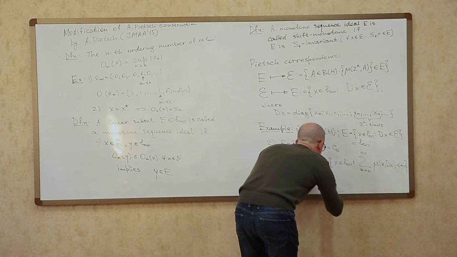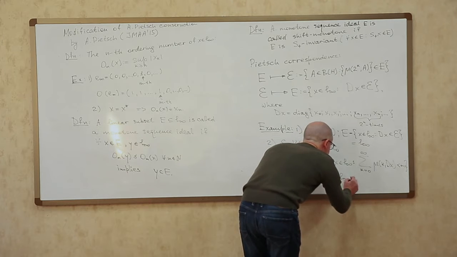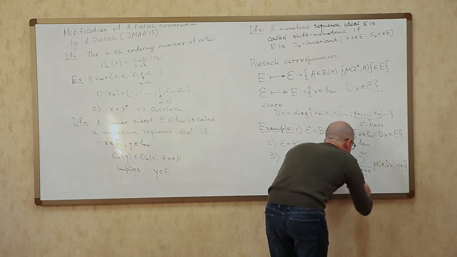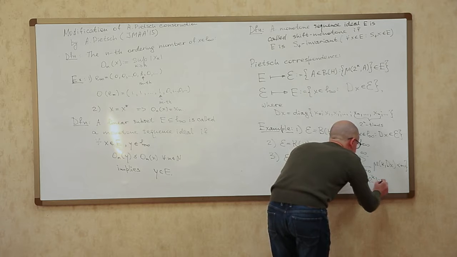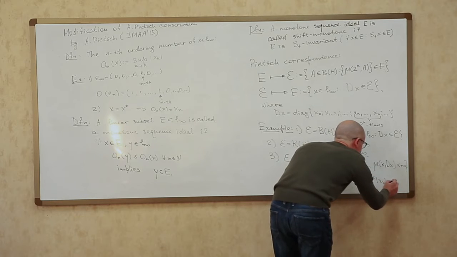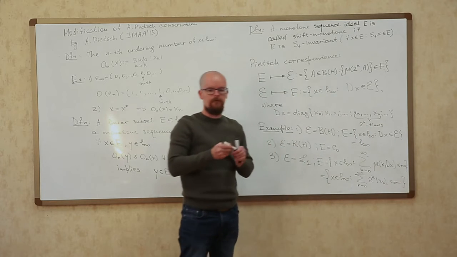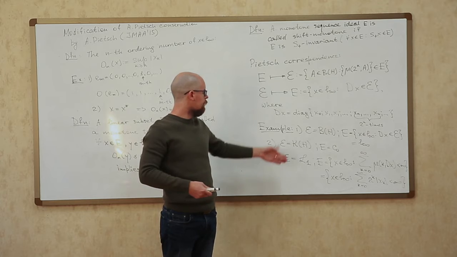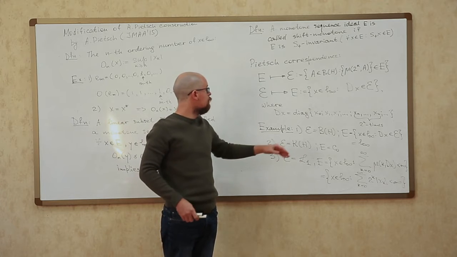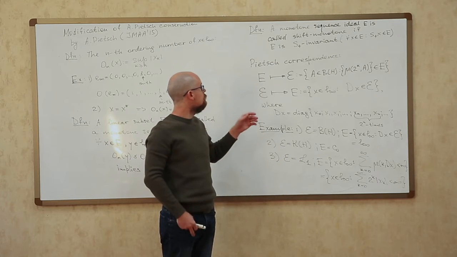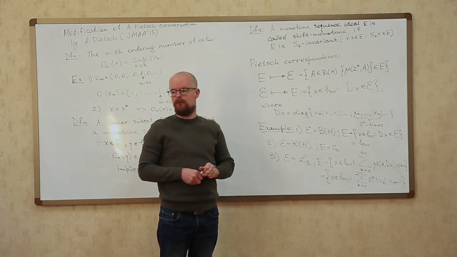So the counterpart of this will be all bounded x's such that the sum from 0 to infinity of 2 to the power of k times the absolute value of xk is finite. So that's the shift monotone sequence ideal corresponding to L1.